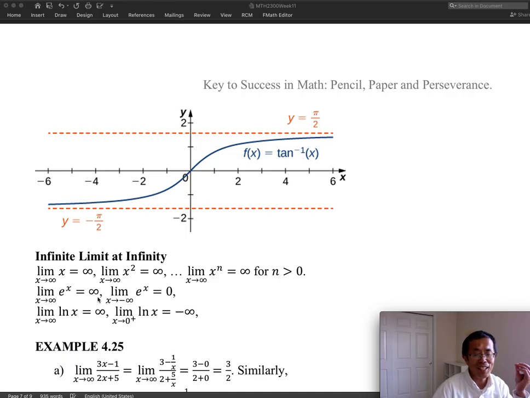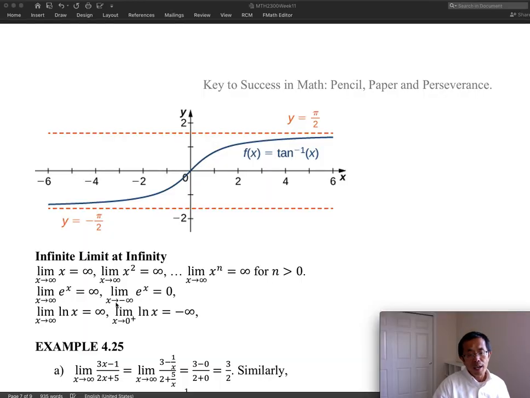Okay. Another interesting result I want you to know here is, remember we said that a limit at infinity could be positive infinity or negative infinity. Use your imagination. What do you expect of e to the x, but as x approaching to negative infinity?